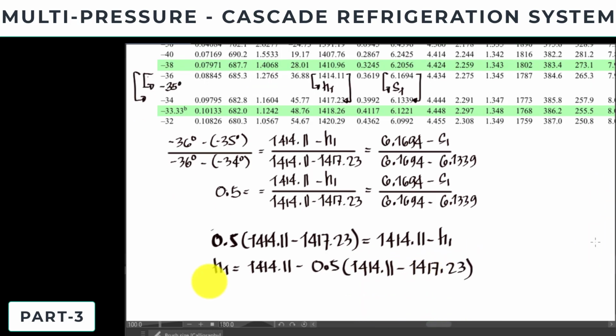Okay, using your calculator, we have the value for that one. This is equal to 1415.67 kilojoules per kilogram.